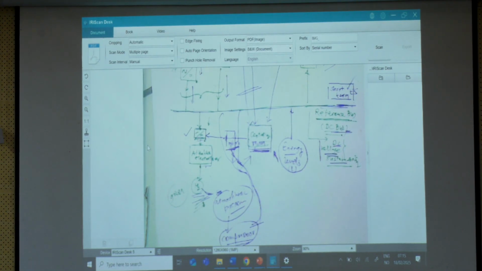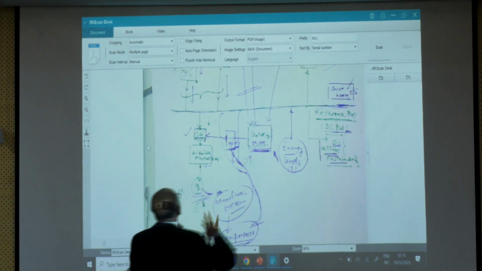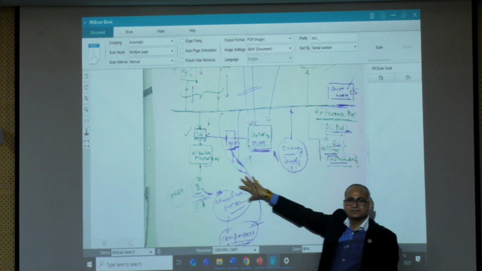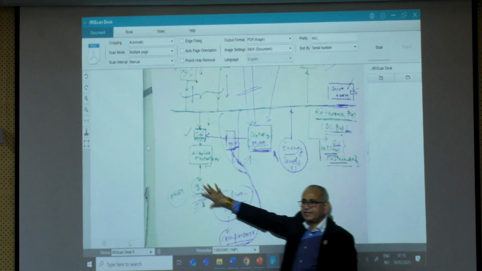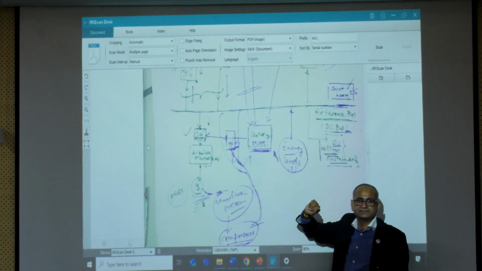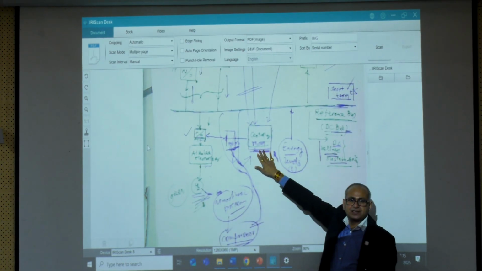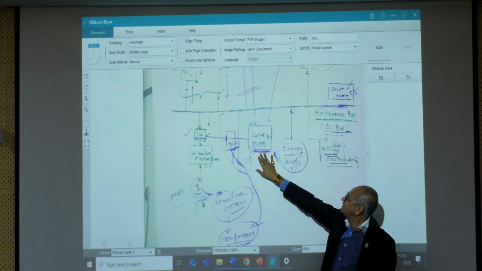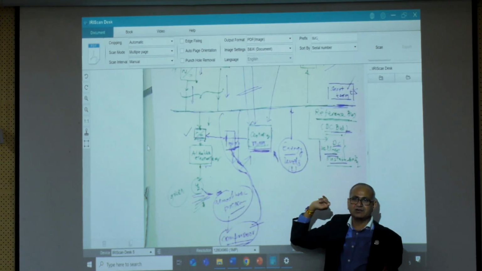So, now here you can see that for doing this complete operation, this is the main system component for making the decision, which is collecting all the data.